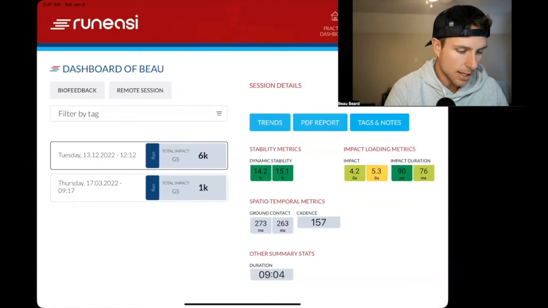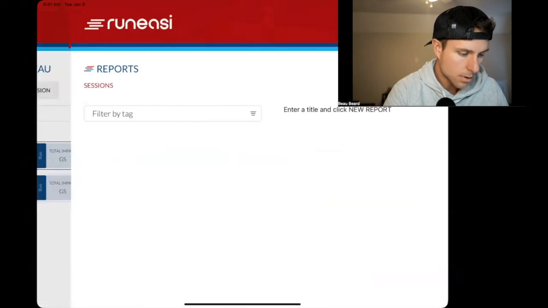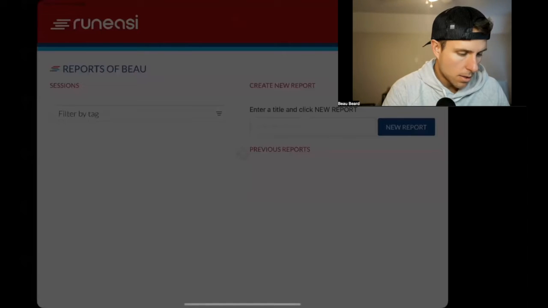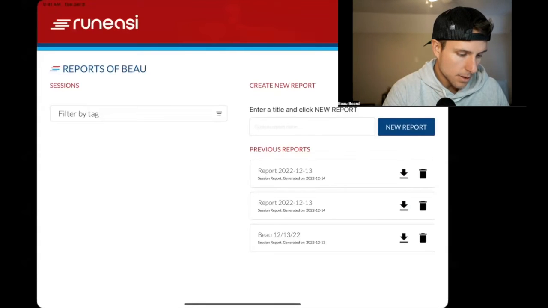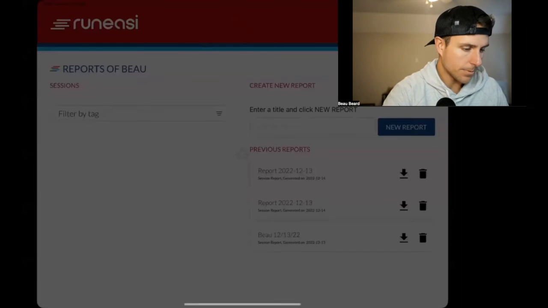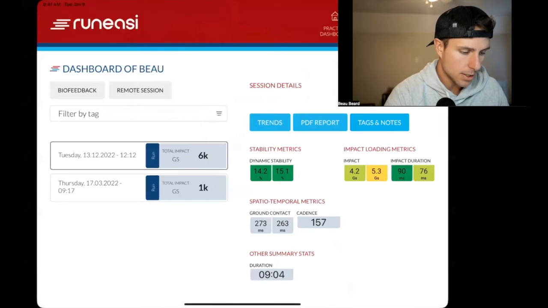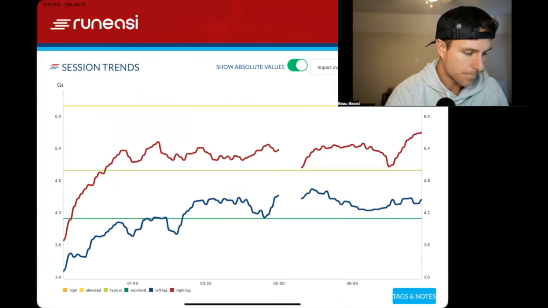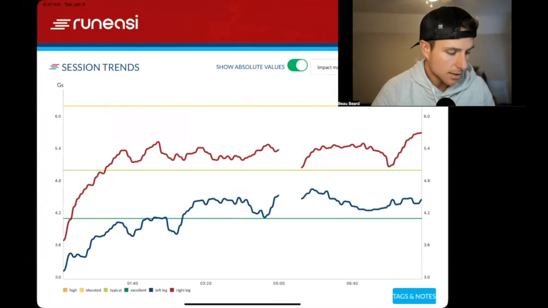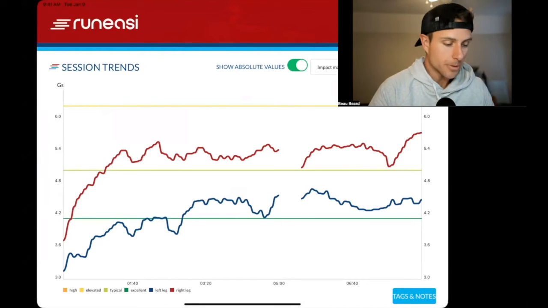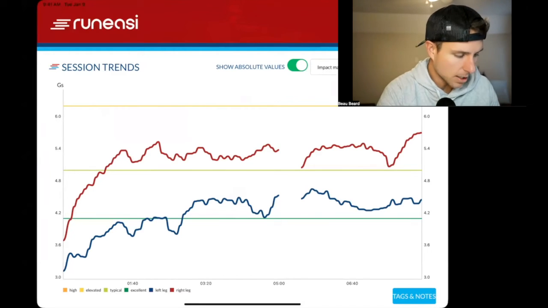Now when we go into the details, we'll wait a second for this to open up. Oh, let me back out of that. But you're going to get a graphical representation of all this data, and it's color coded, which if you're like me and you're colorblind, not the greatest, but you can still figure it out.